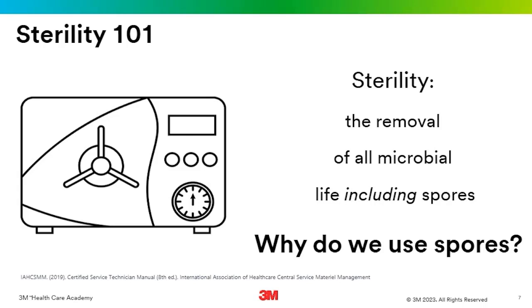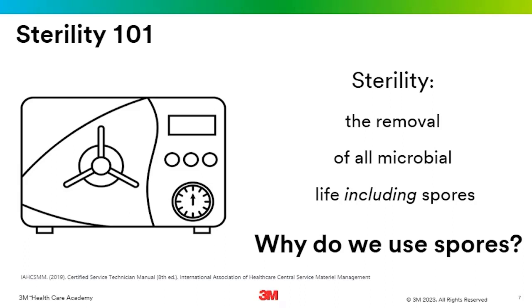They can live on the bare minimum, and just when you think you got them, they're back, right? So we try to make sure that we're using a microorganism that we can eventually destroy if we have the right parameters and conditions set. And then we challenge our sterilizers to create that same environment necessary to destroy Geobacillus stearothermophilus.